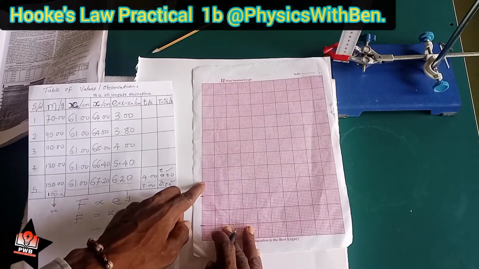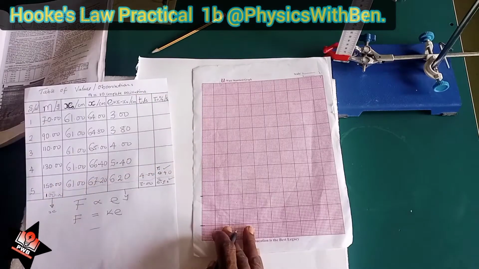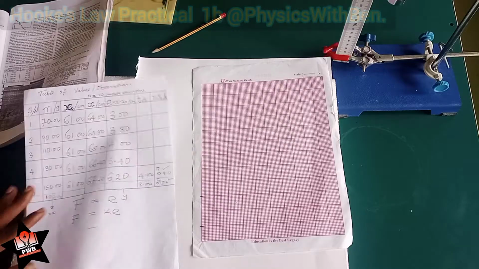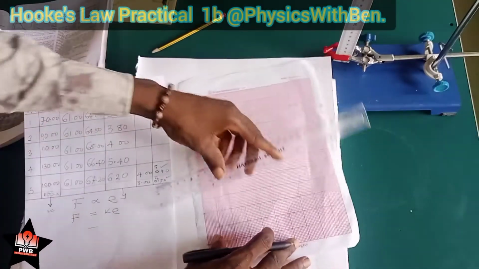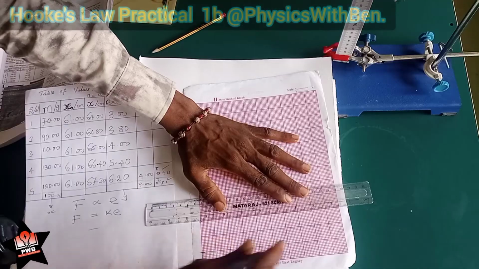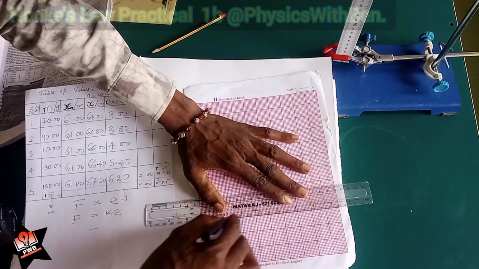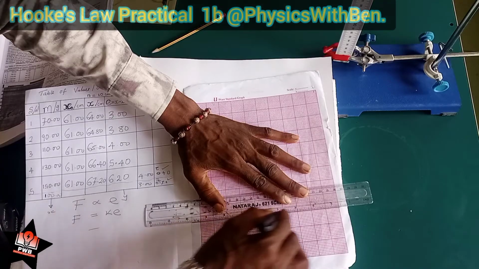So this is 1, 2, 3, 4, 5, 6. So with that, we have covered a good percentage of our graph. So we'll draw this straight line here. This is our horizontal line. Good.